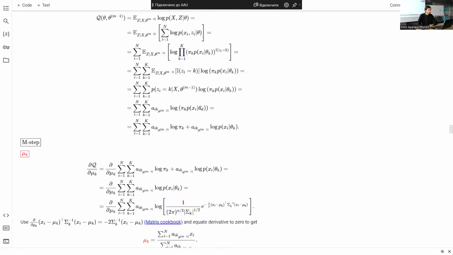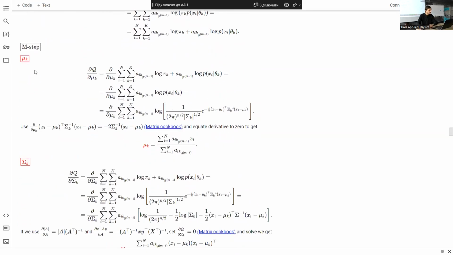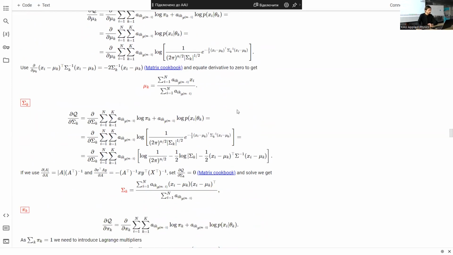And when I have that, I can calculate the maximization step, so perform the M step. I do all these derivatives to get my maximal values. And you might see here that these formulae are absolutely the same as I showed you with the previous method. So that's basically just two points of view on the same thing.